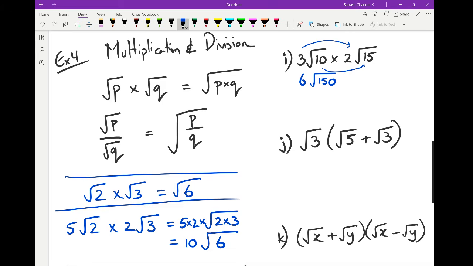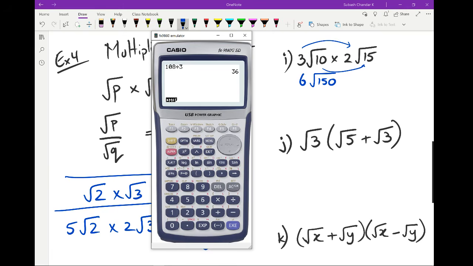Now, as I said, we've got 150, which is an ugly looking number. Let's see. If I go 150 divided by 4, that's not going to work. Maybe I'll try 150 divided by 9. No, that's not going to work either. Try 16. Nope. 25. Okay, there we go. 25 and 6.